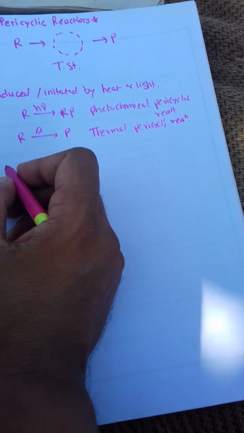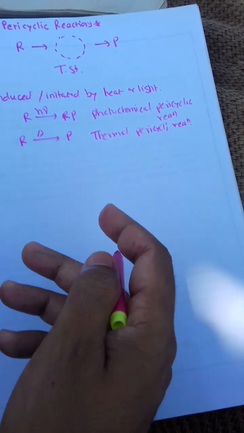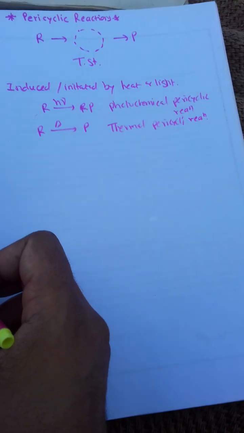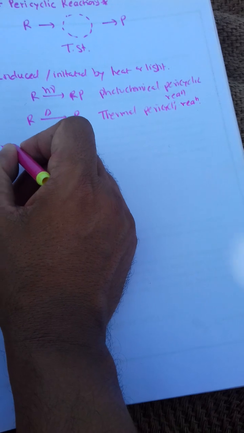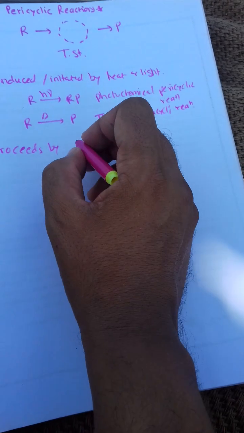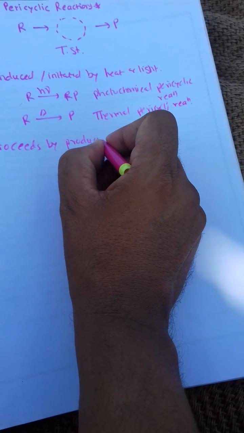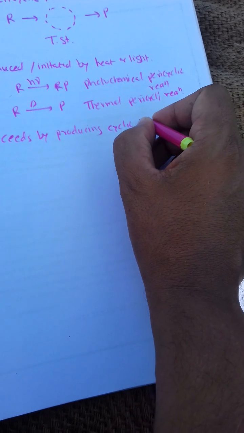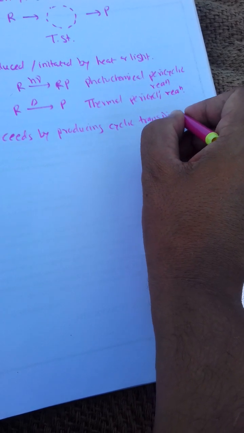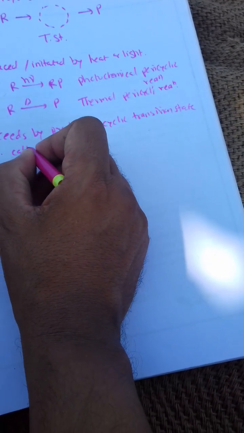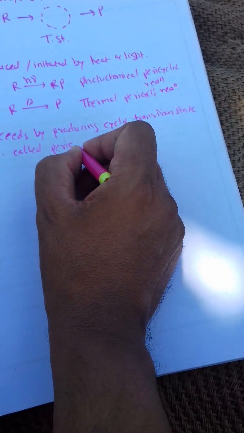The second characteristic is that these reactions proceed by producing a cyclic transition state. Therefore this reaction is called a pericyclic reaction.